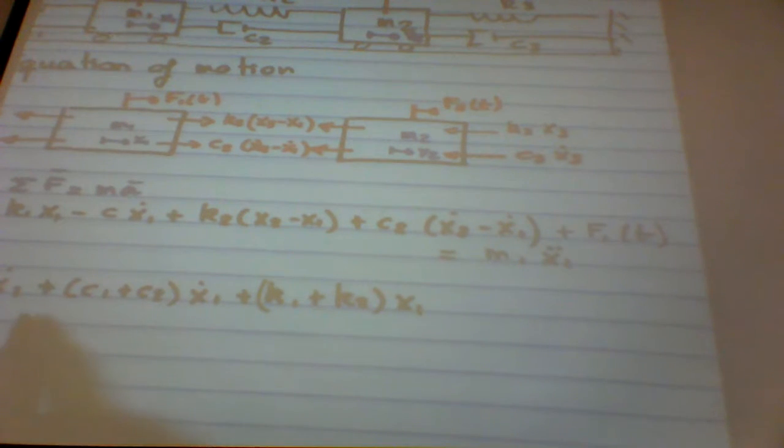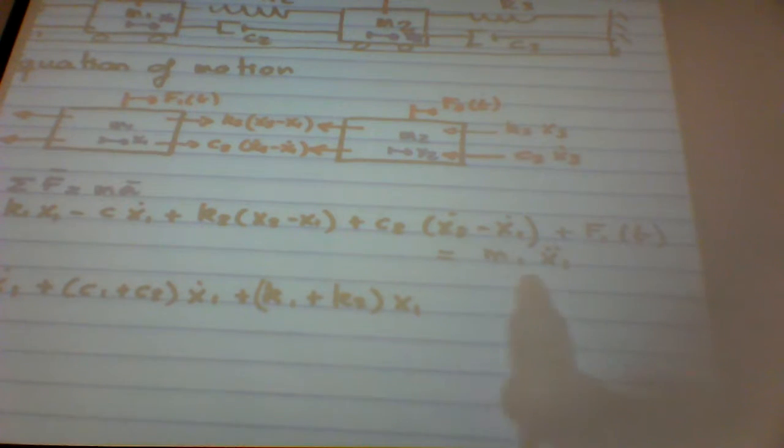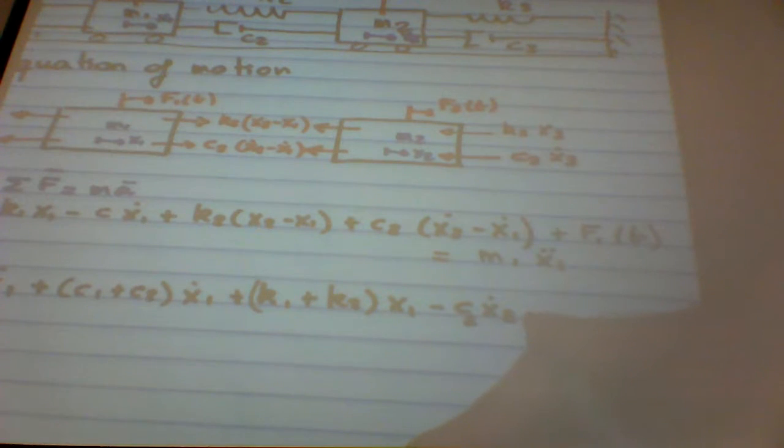So M1 x1 double dot, C1 plus C2 x dot 1, then we'll have a minus C2 x2 dot, and minus K2 x2 equals F1 of t.